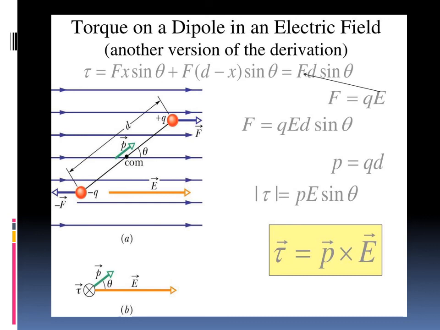Same process that we have discussed earlier, that QD will give you the dipole moment, and we can write here PE sine of theta. This, students, shows the magnitude of the torque, right? Sometimes some people don't write this one.